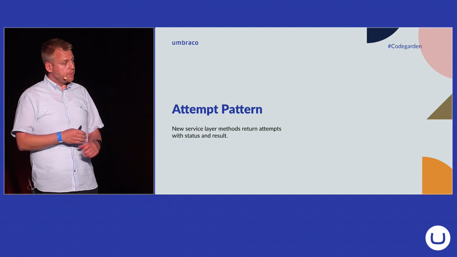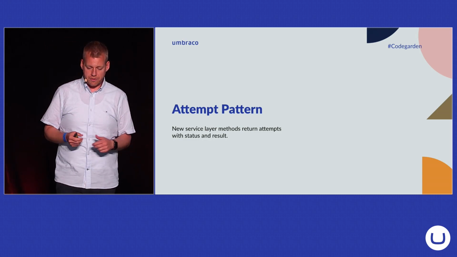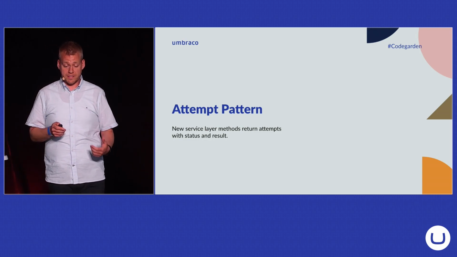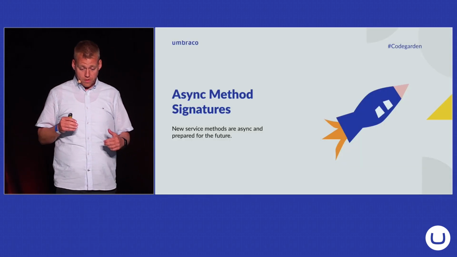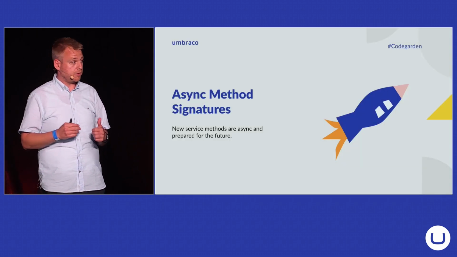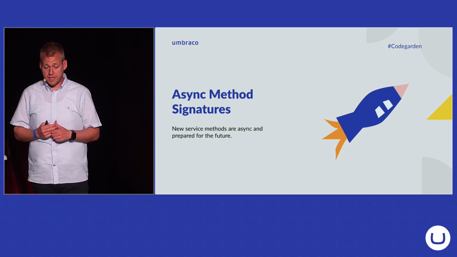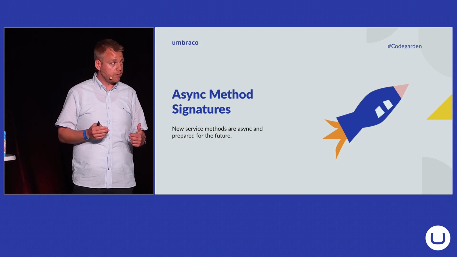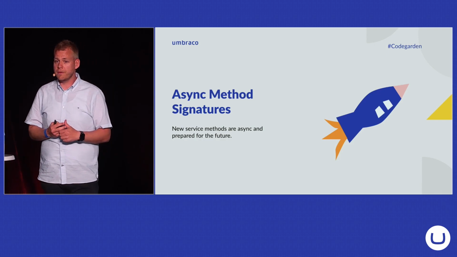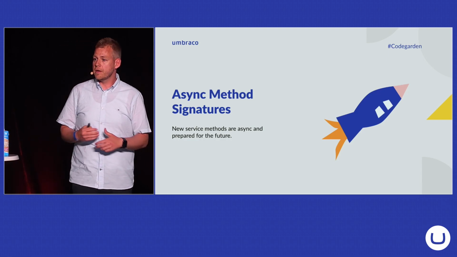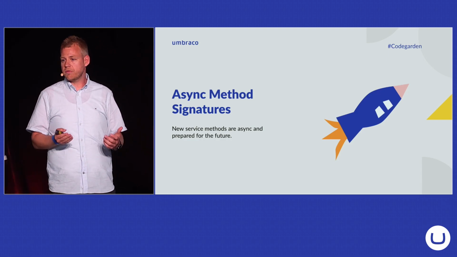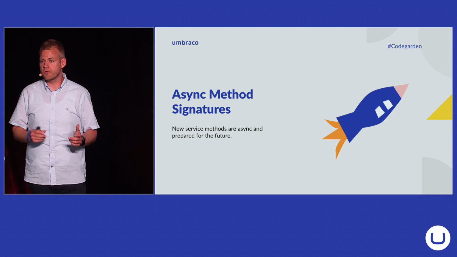The status can communicate all kind of expected errors, and thereby we can avoid exceptions. All newly introduced methods in our service layer will be async. Again, this is mainly to avoid future breaking changes because we really plan to benefit of the async. But right now, only half of them are actually true async.